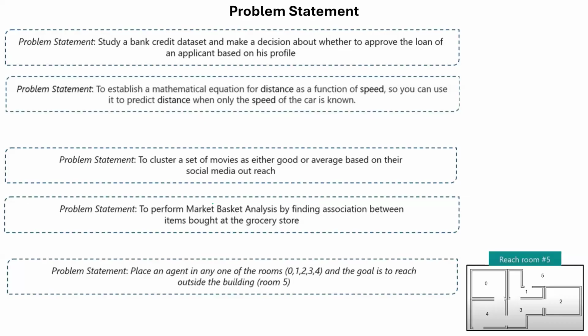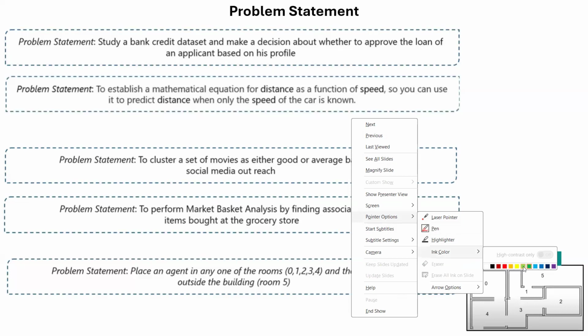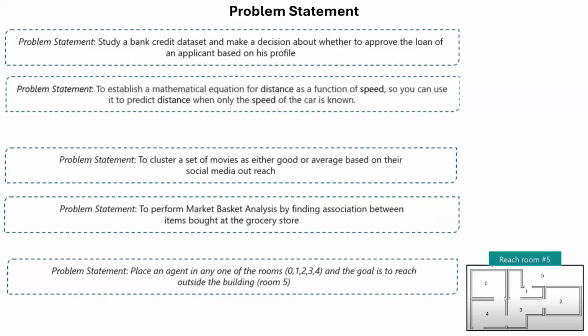Next: establish a mathematical equation for distance as a function of speed, so you can use it to predict distance when only the speed of the car is known. What is that? This is supervised.